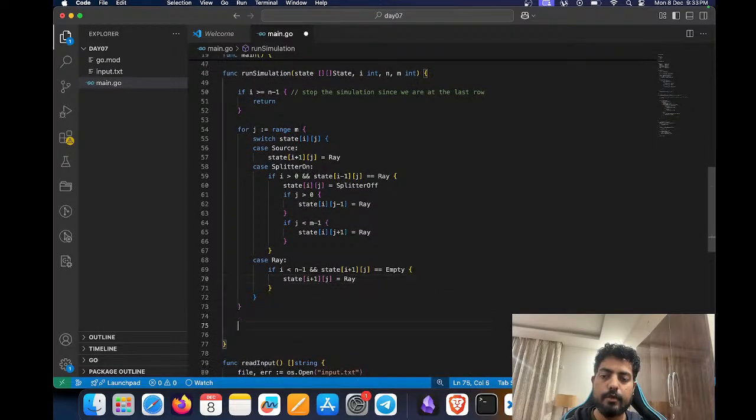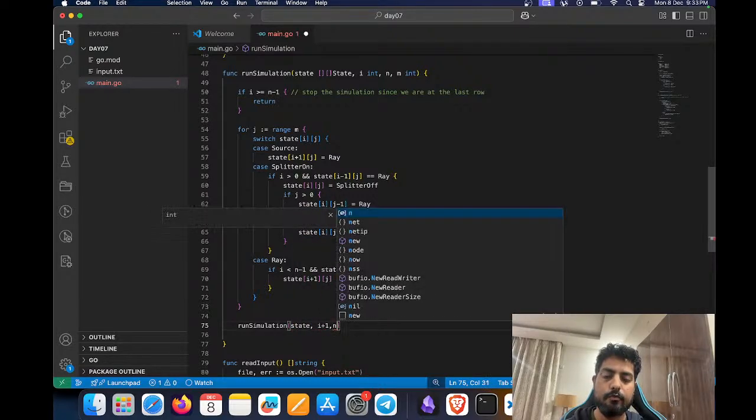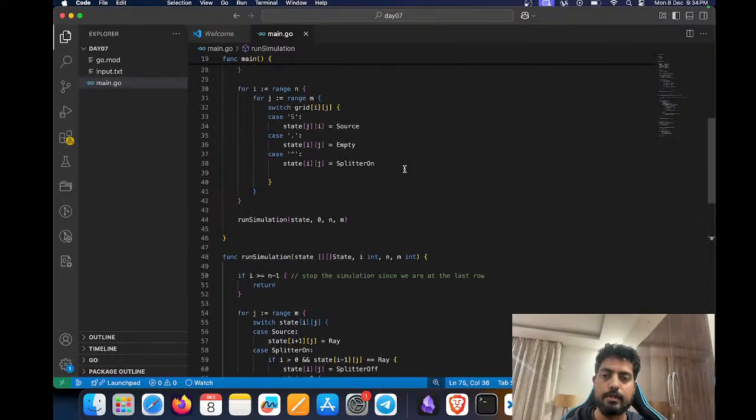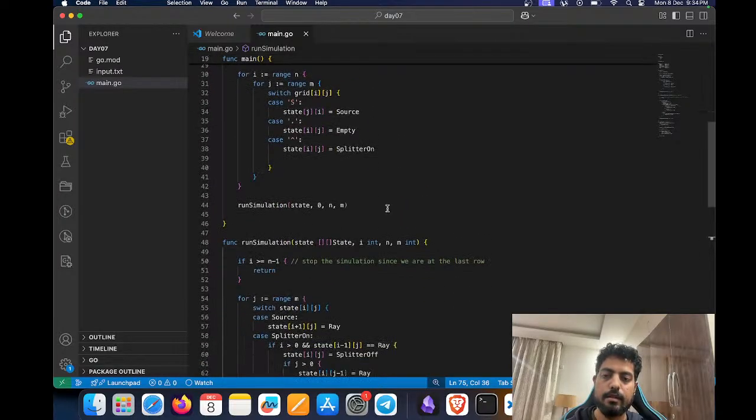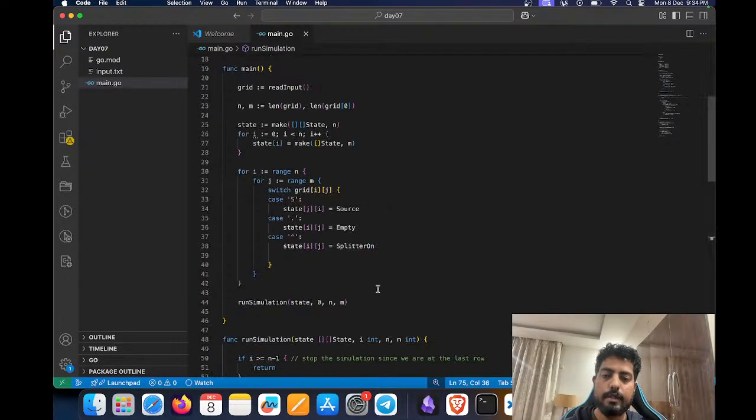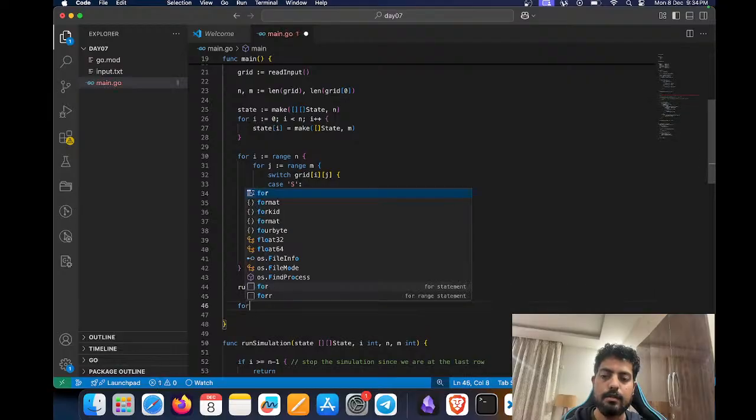So this is what we do, and we continue. This is the simulation that we run for this row and for all the columns, and then we continue running the simulation with our modified state array, and i will be incremented to 1, and n and m information is preserved as it is. So after doing this, we'll just count that.